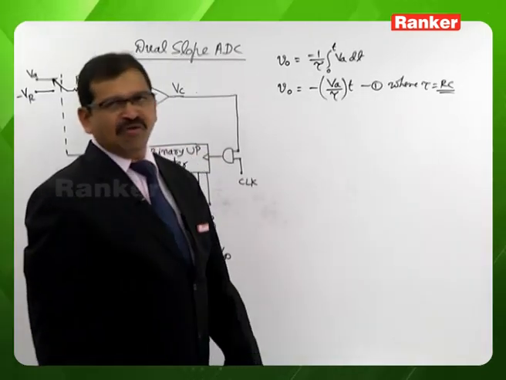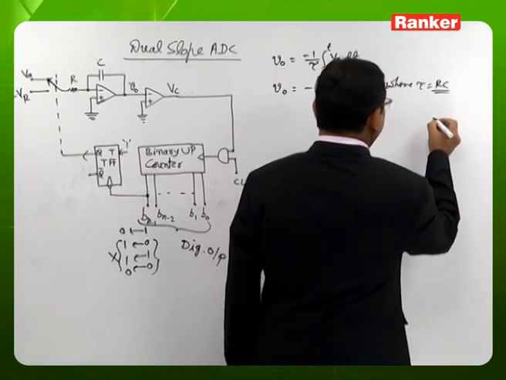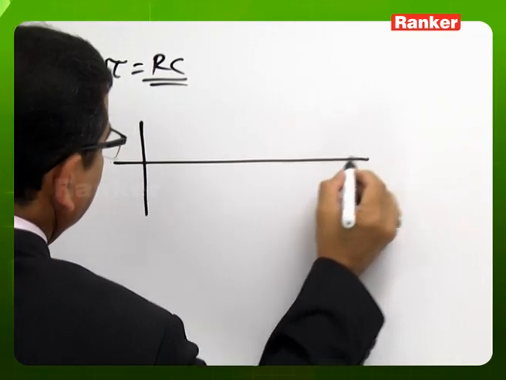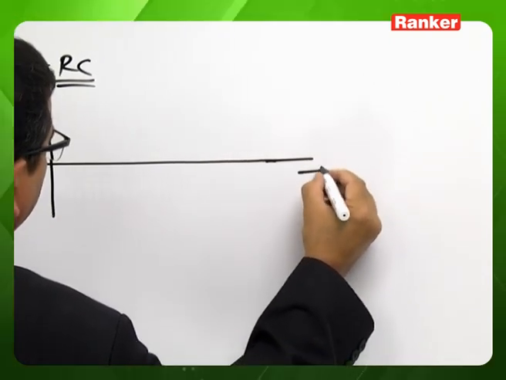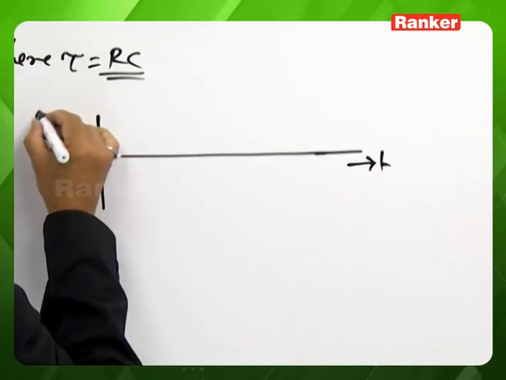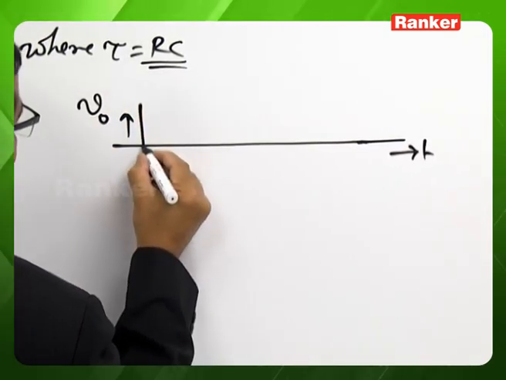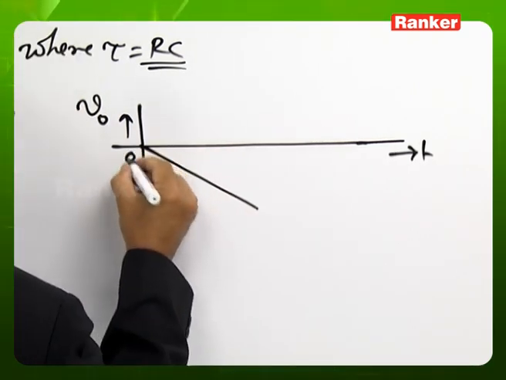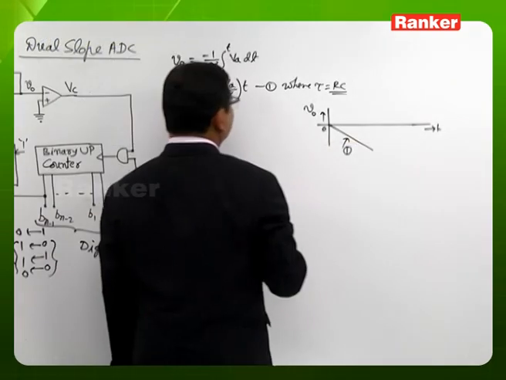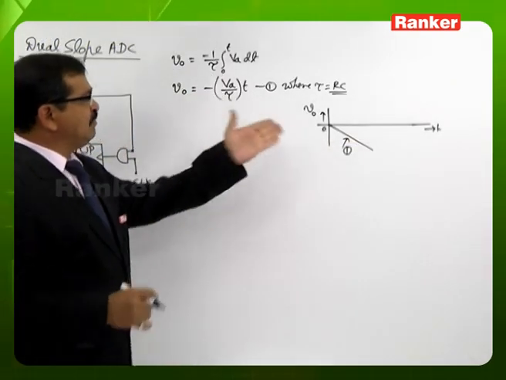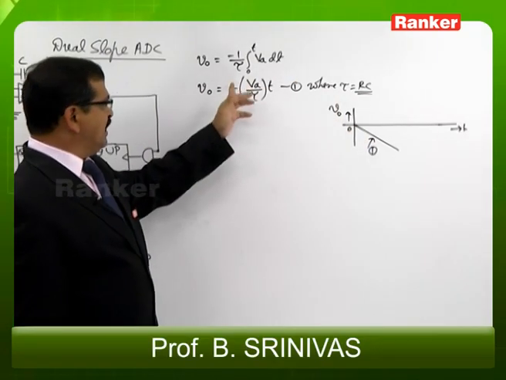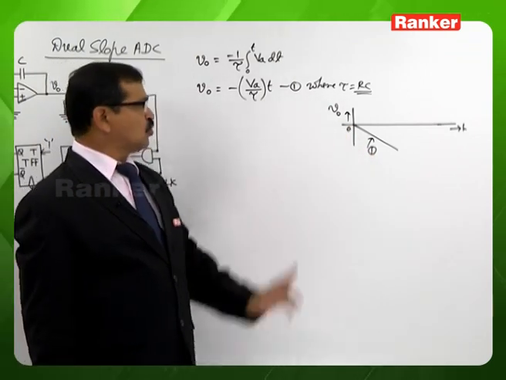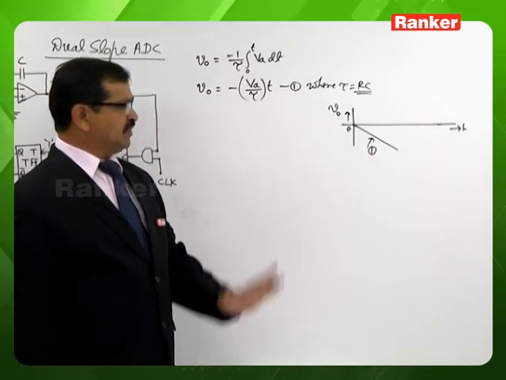For this integrator output, if you draw the waveform, it is in the form of y is equal to mx, so it is a line which is passing through the origin with a slope of minus VA by tau. Because of the negative slope, the line is in the fourth quadrant. So it's the line for this equation 1.